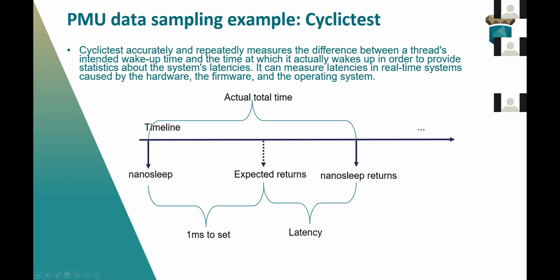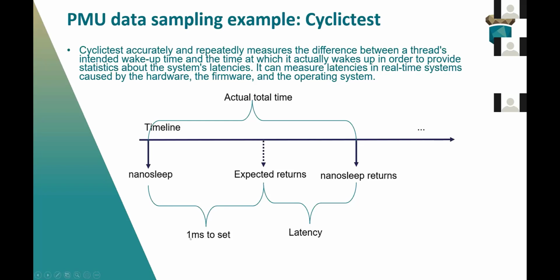Cyclictest is usually used in real-time system latency analysis. It works like this: there are a lot of loops, and in each loop it will call nanosleep with some time to set. Here, by default, it is 1 millisecond to set, and this is the expected return.